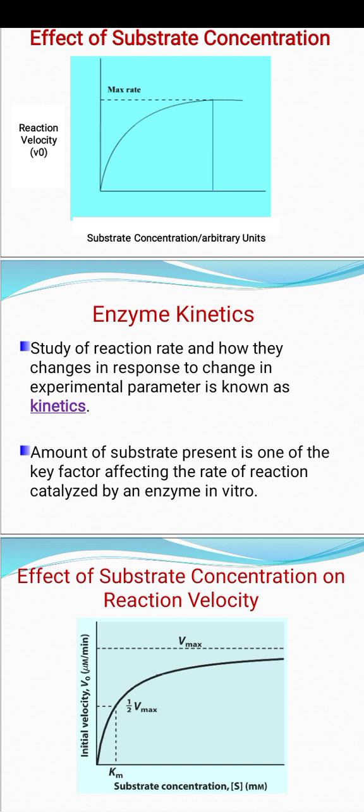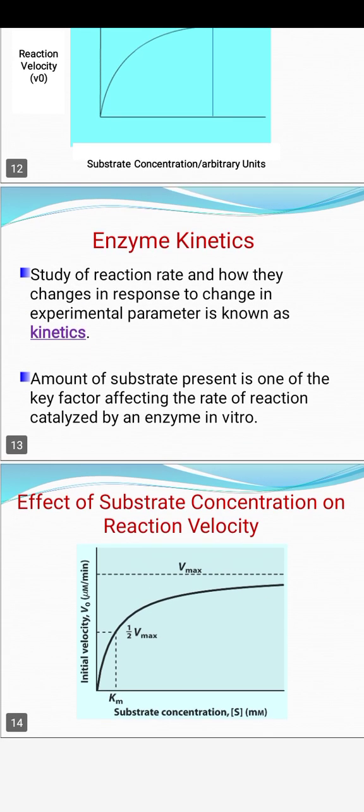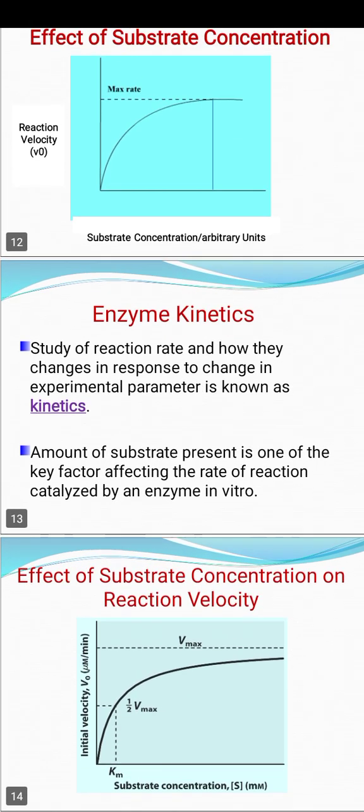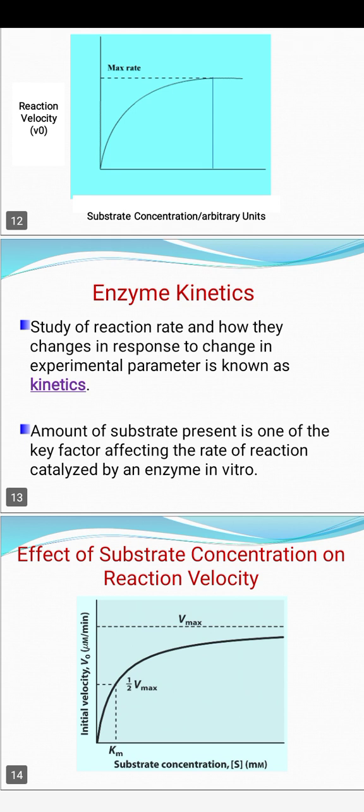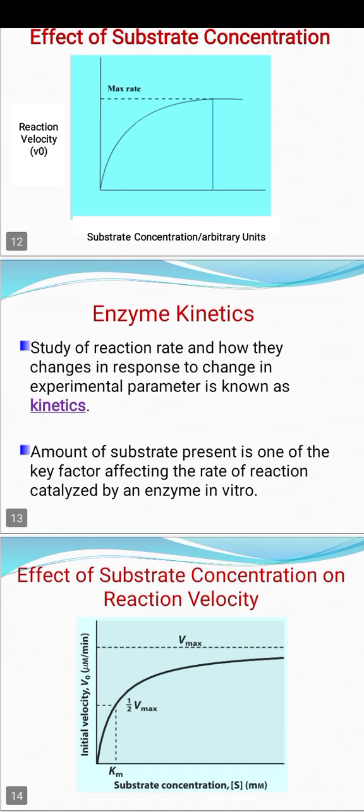You understand that the first linear portion of the curve identifies the zero order reaction. You see the effect of substrate concentration on the rate of enzyme activity. The rate increases rapidly with the increase in the initial substrate concentration.